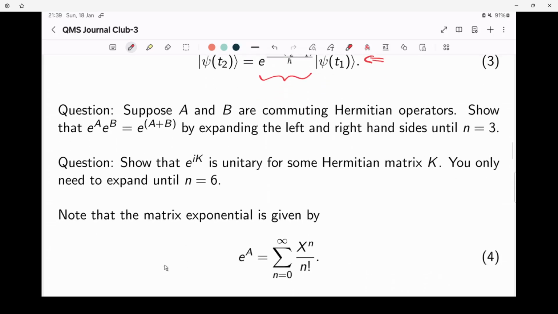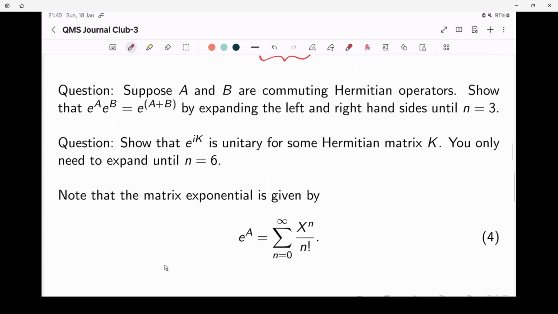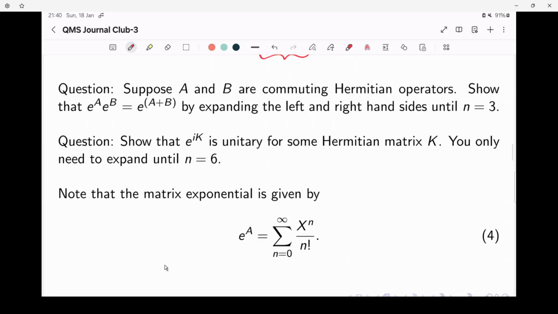There are two questions that I pose over here that maybe you can try to solve. This is important later on for you to understand why in quantum mechanics we use Hermitian matrices and unitary matrices for different reasons. So let's look at the first question first. If A and B are commuting Hermitian operators, so A is Hermitian.